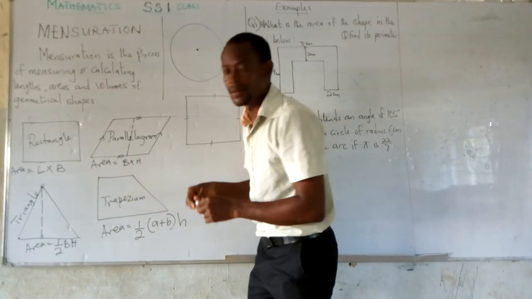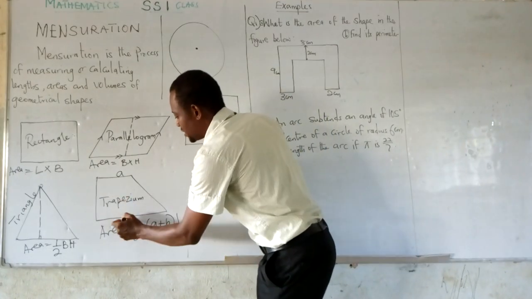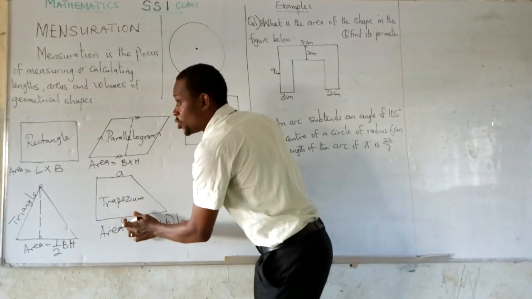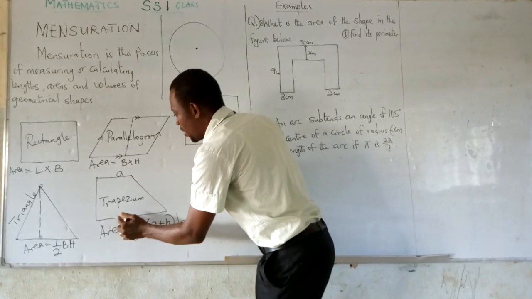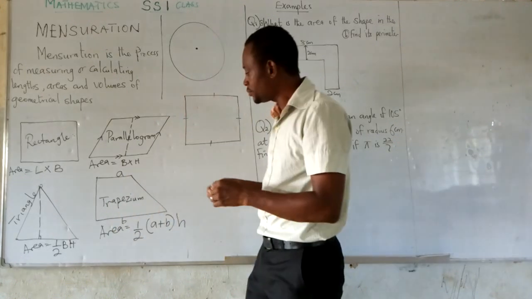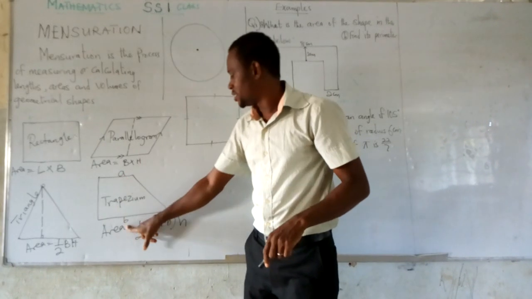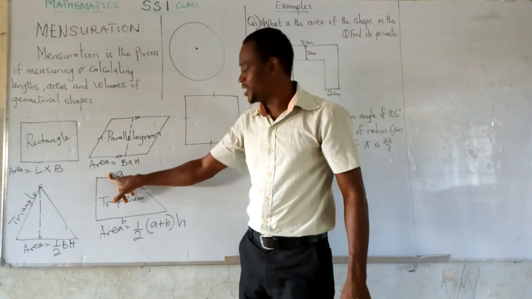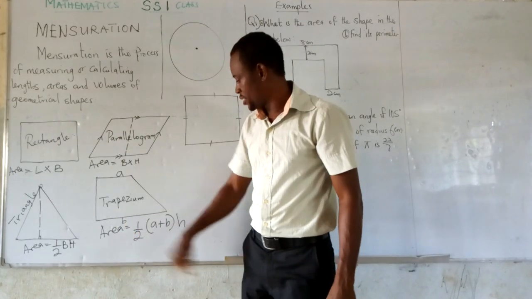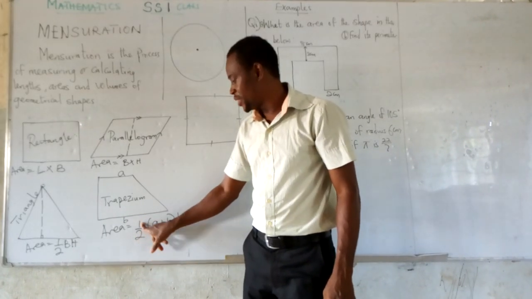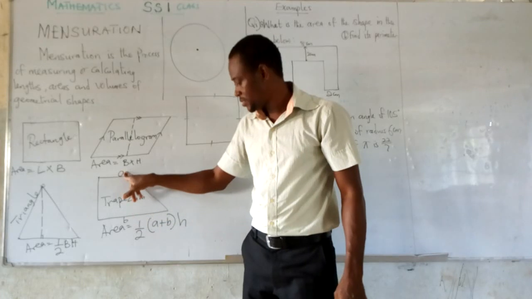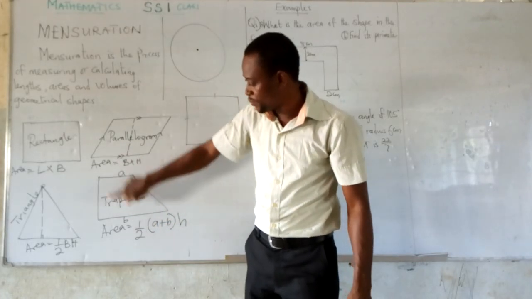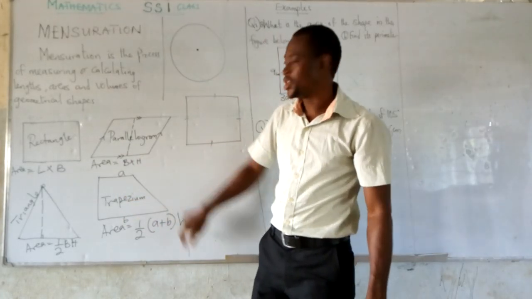The top parallel side is the A, and the bottom is the B. So the formula is simply half times (A plus B) times H.